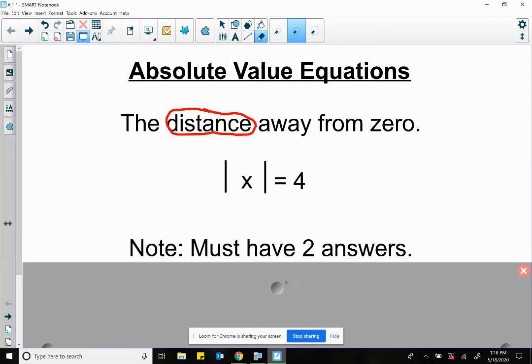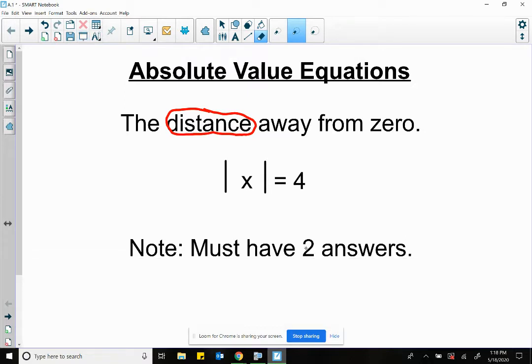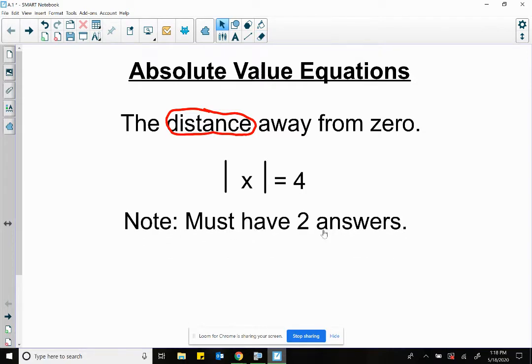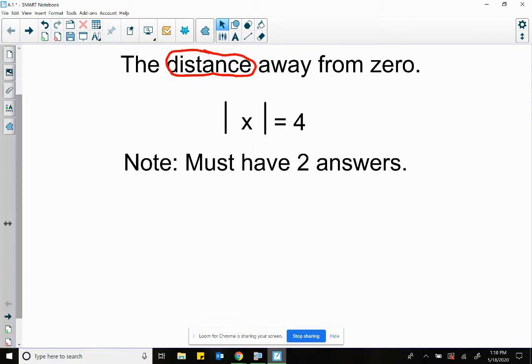Down here is what I was telling you. They are two equations in disguise, meaning that you must have two answers. There are two answers to these, because there are two numbers that are 4 away from 0. There's one on the positive side and one on the negative side.